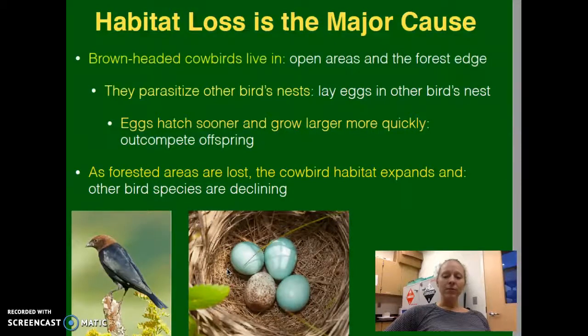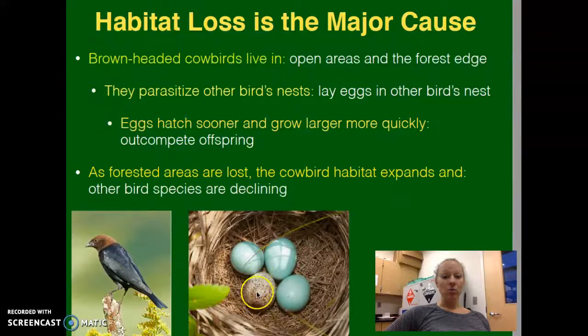An example of a species that's actually doing very well because of habitat destruction is having negative effects on other organisms. So the brown-headed cowbird, which is a pretty cool bird, is a parasite to other birds. It's going to lay its eggs into the nest of another bird and have another bird raise it.